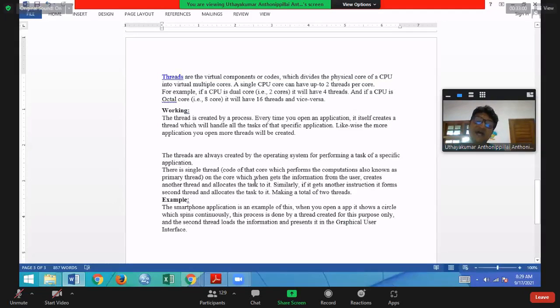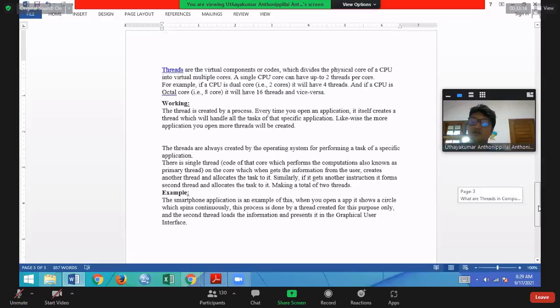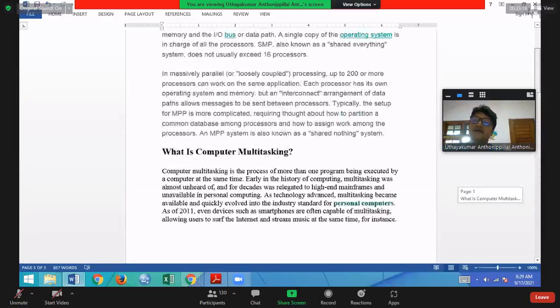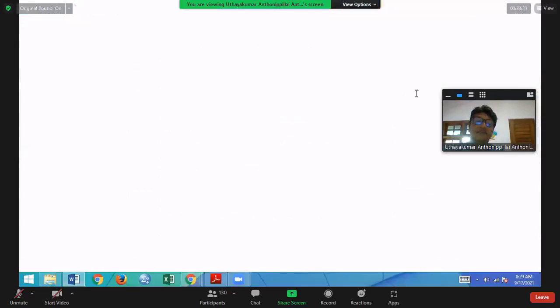That process is done by the thread created for this purpose only. And the second thread loads the information and presents it in the graphical user interface. So each and every application should be linked with a thread, right?